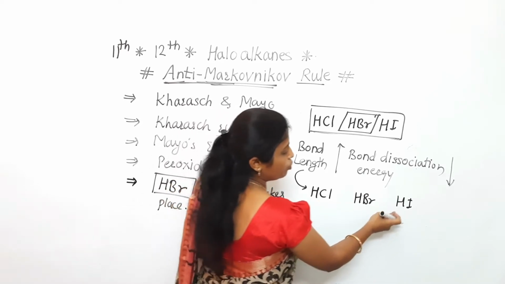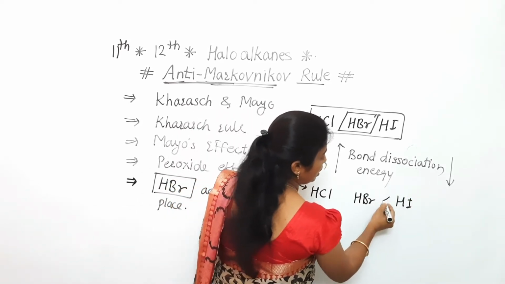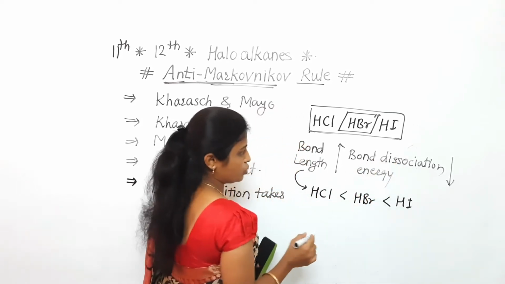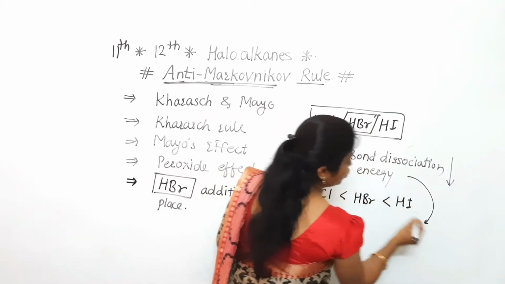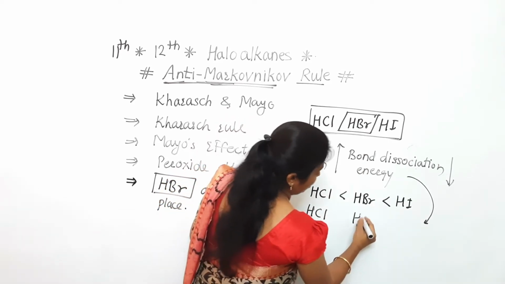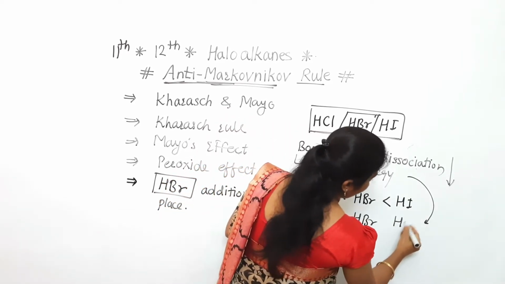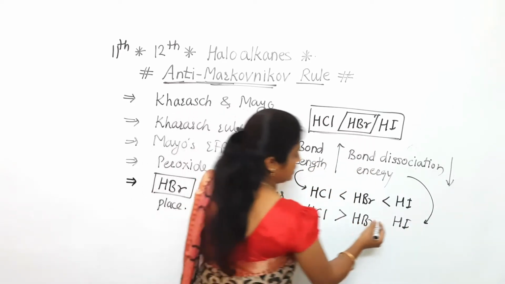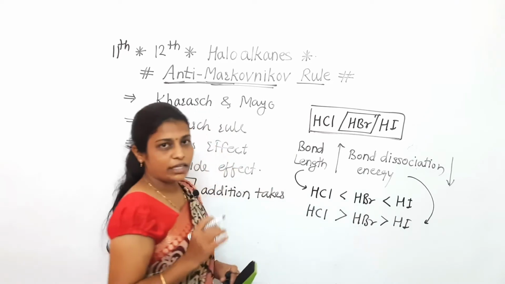Whose bond length is the highest? That of HI. It is totally opposite for the bond dissociation energy. Now we write the order for bond dissociation energy: the highest bond dissociation energy is for HCl and the lowest for HI.